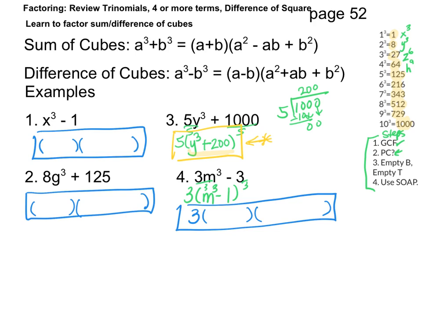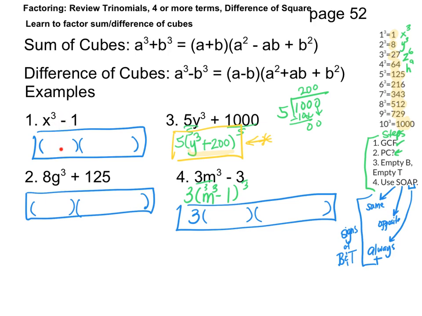Now, use SOAP. What does that mean? Same, opposite, always plus. Some people like to say always positive, but always plus. And these are used for the signs of your binomial and trinomial. Now, what do I mean by the same?